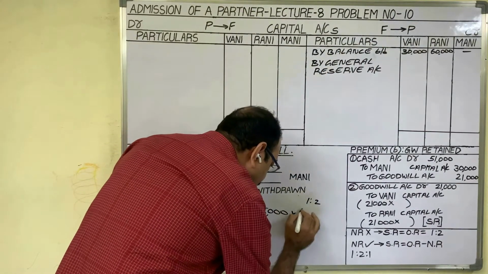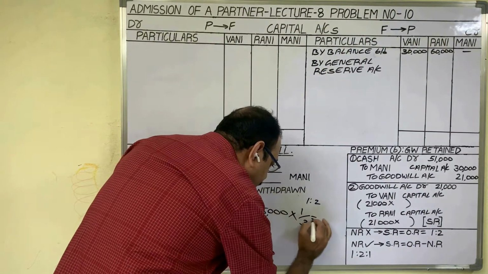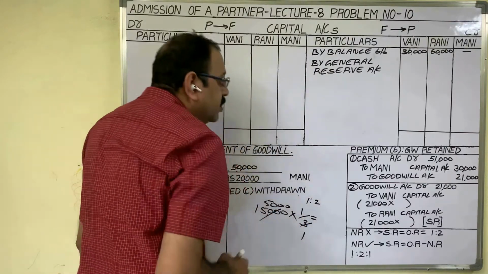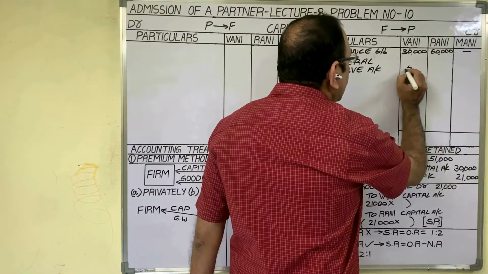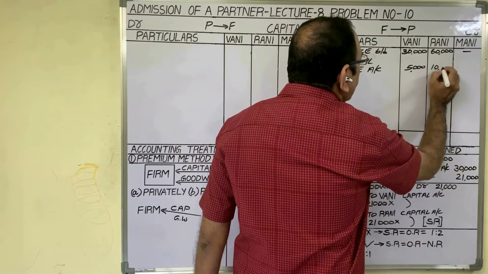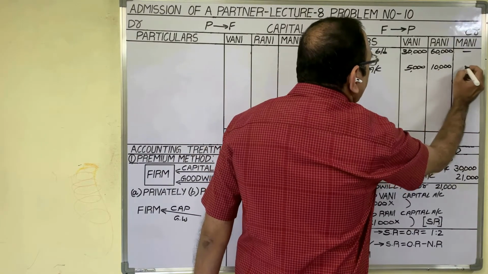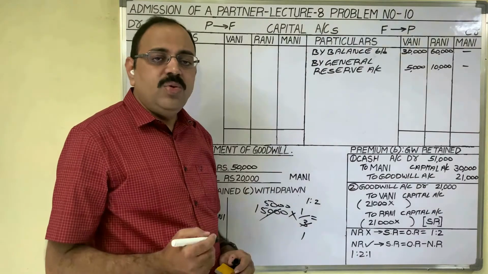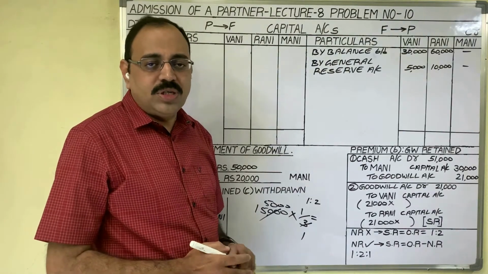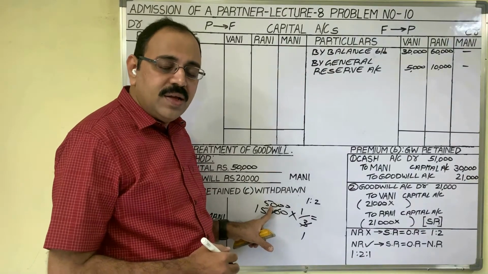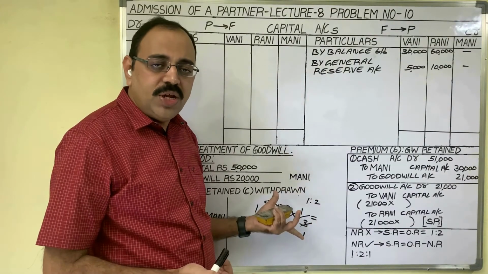So Vani's share is 1/3 of 15,000, which is 5,000 rupees. Then the remaining amount, 10,000, belongs to Rani. You need not calculate Rani's amount: in total 15,000, if 5,000 is subtracted, the remaining amount is 10,000.